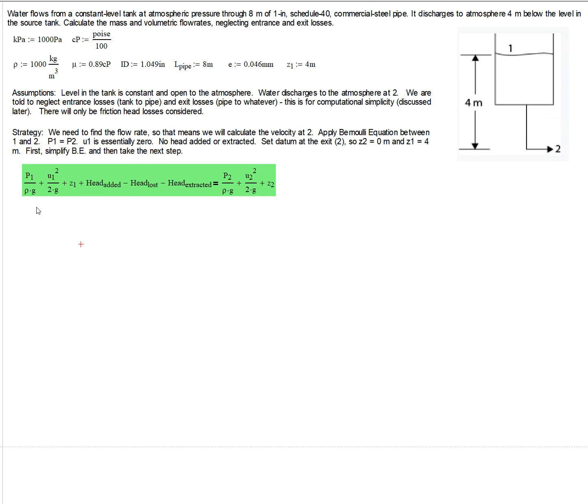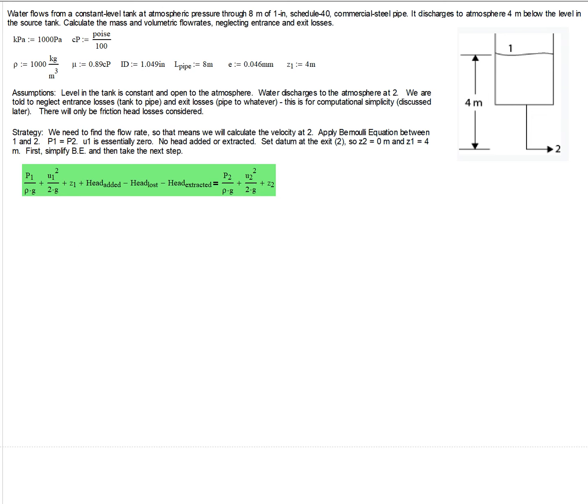What about the velocity? Well, at position 1, our velocity is 0 because we are told this level is not changing. So our water is not moving at all at position 1 with the linear velocity. At position 2, of course, we have U2, and that is what we are asked to solve.